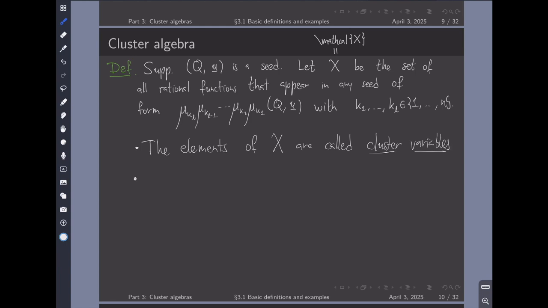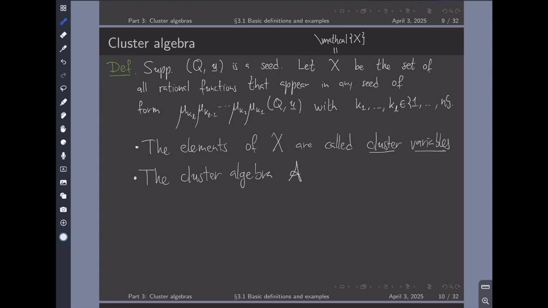And second, the cluster algebra with coefficients.